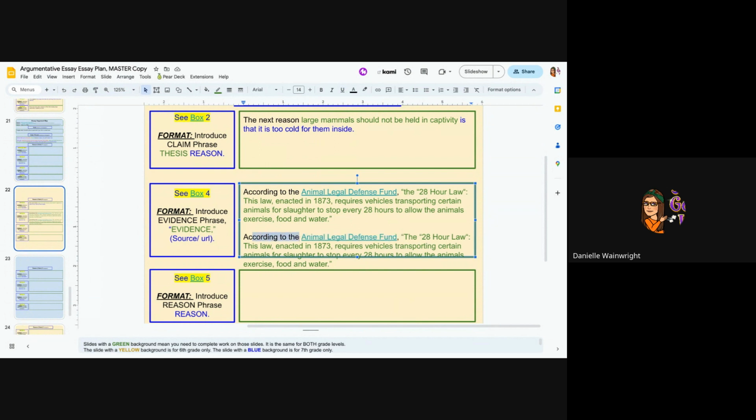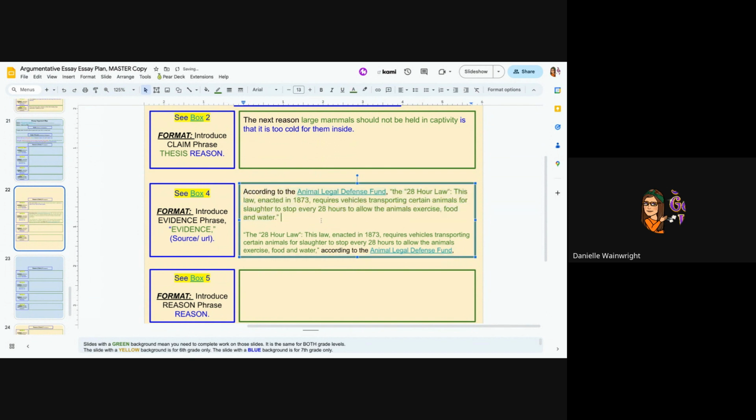I'm gonna move this stuff down here. And instead of having a comma or a period here, I'm gonna put a comma and then do that. Now let me make it all a little smaller so you guys can see it. Okay. So a couple ways you can do that.